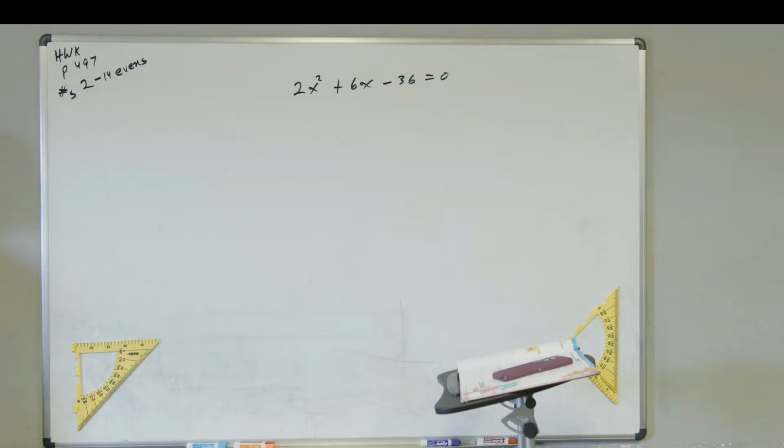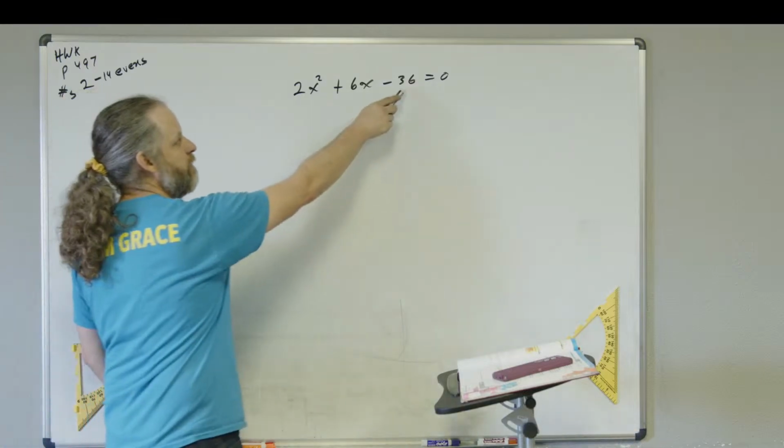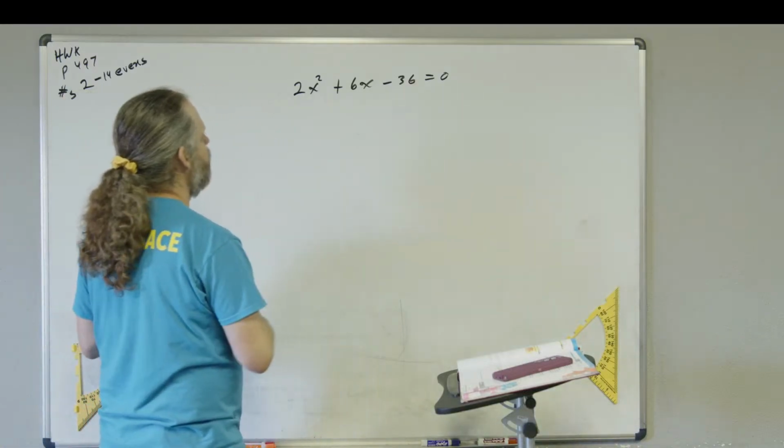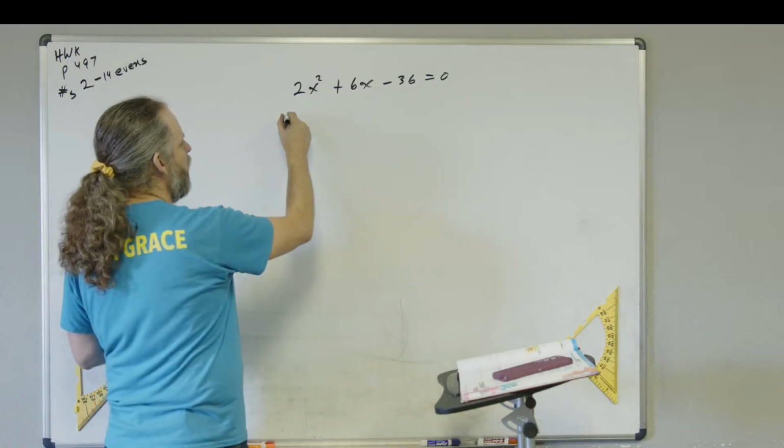We haven't used it yet, so it wouldn't surprise me if you don't remember it. We should always look for a GCF first because it's going to make our life easier. Is there a GCF between all three of those terms? Yeah, 2, not an x because of this one. So let's pull a 2 out.